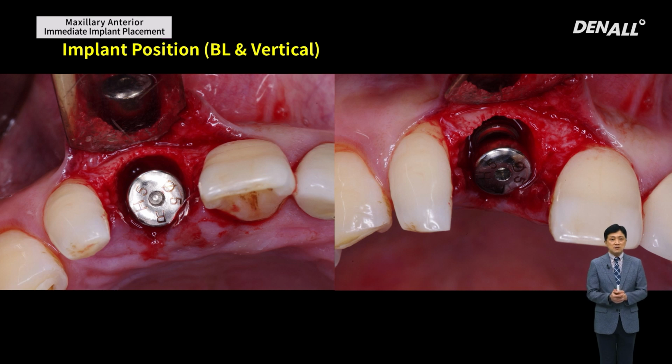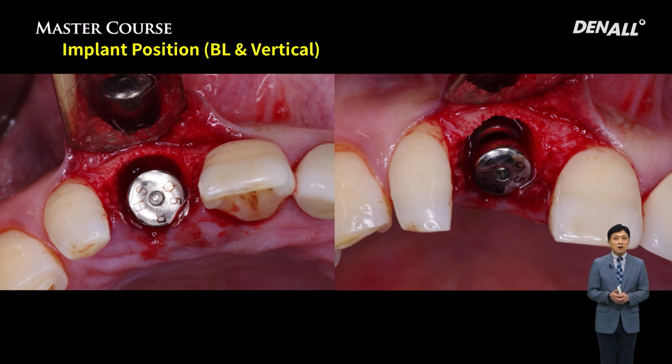In our hospital, 3 millimeter healing abutments do not exist. I don't use them. I don't really use them in the posterior region as well. When we use a healing abutment, it is considered good if it is 1 millimeter above the gingiva.